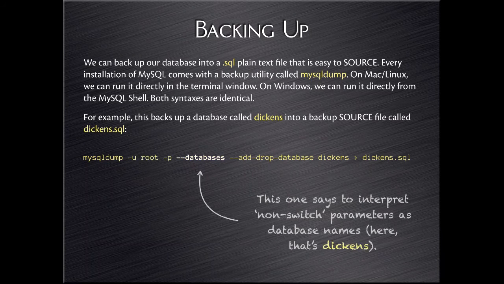The next one, though, you'll notice is hyphen databases. And what that says is interpret any other kind of non-switch parameters that I'm going to give you, just interpret those as database names. Now here you can see towards the end, this one is Dickens. Imagine we had a database called Dickens that we're backing up. And so this is like a binary switch.